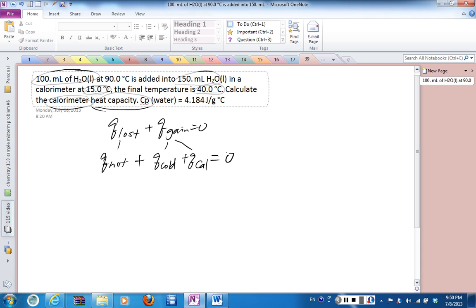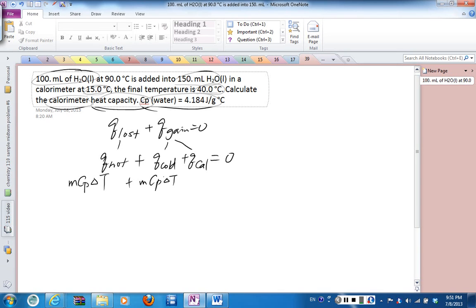Okay, for each of them, now that we established what they are and what they did, how do we break them down? For the two parts of water, hot water and cold water, we know Cp. So you know which equation to use. It's got to be mCp delta T for the hot water, and mCp delta T for the cold water. But notice the m are going to be different, and the delta T are going to be different as well.